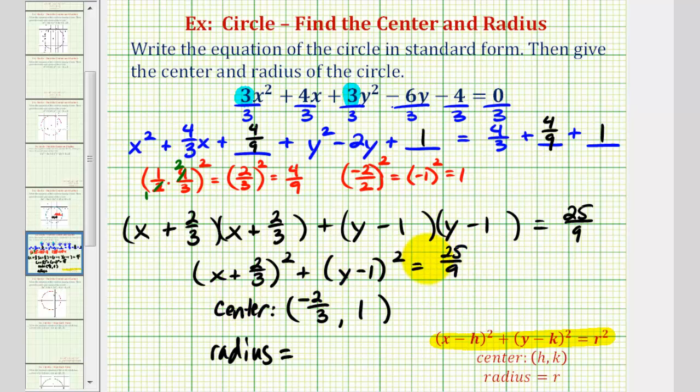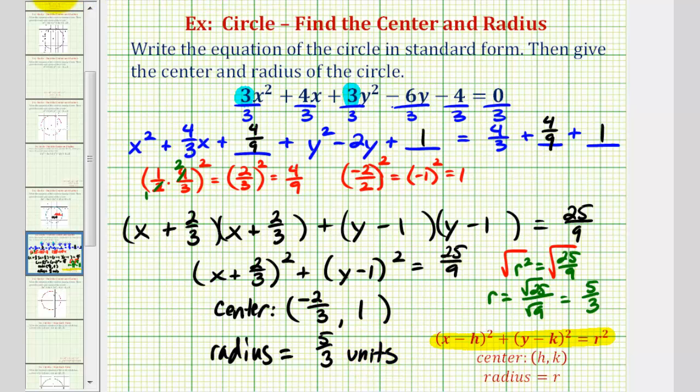And when looking at the right side of the equation, r squared is equal to 25 ninths, which we can use to find r. If r squared equals 25 ninths, to find r, we would take the principal square root of both sides of the equation, since r has to be positive. So we have r equals the square root of 25 divided by the square root of 9, which would be 5/3. So the radius is equal to 5/3 units.